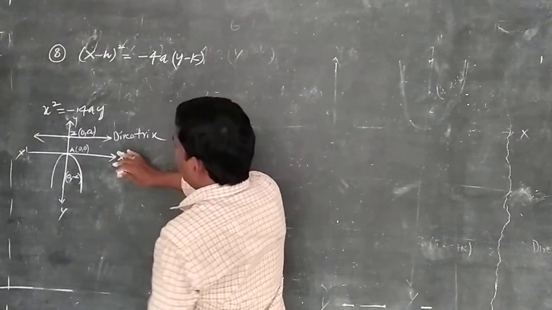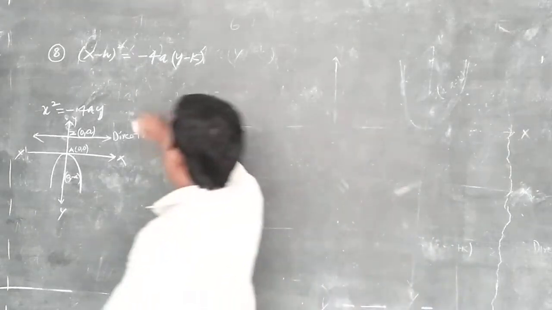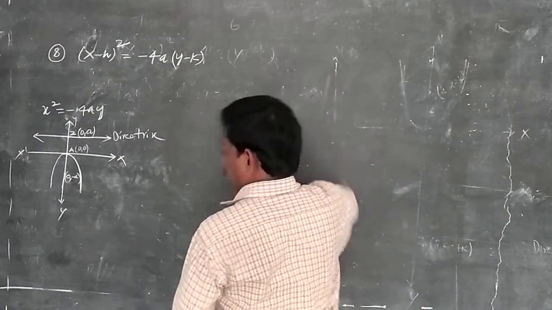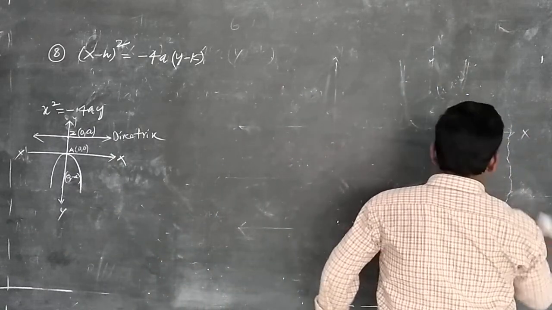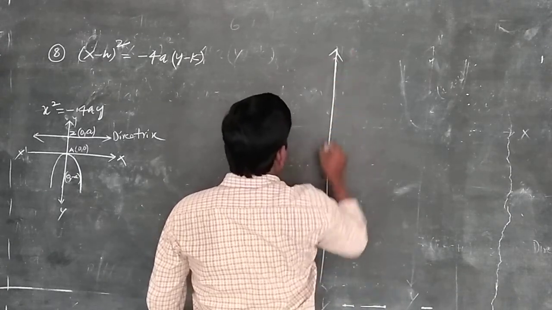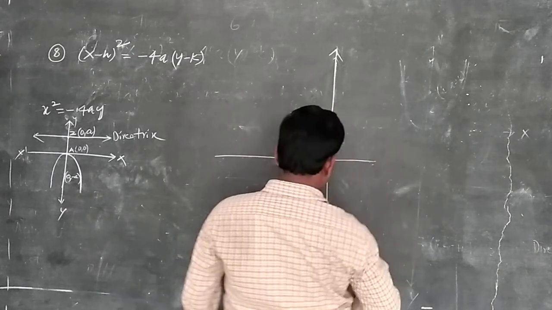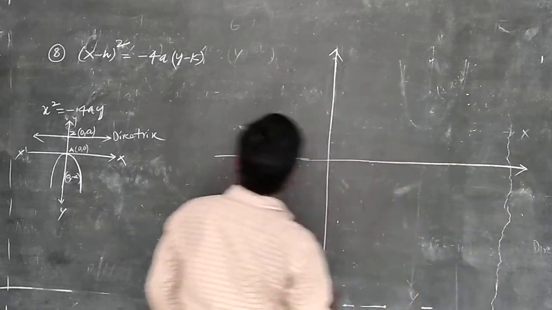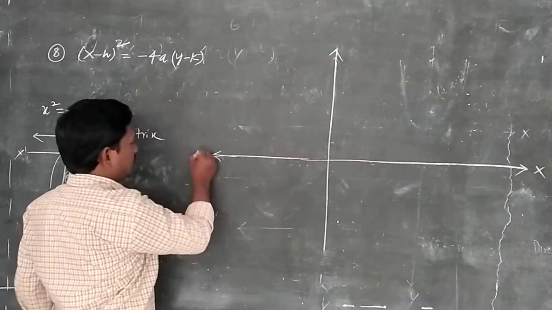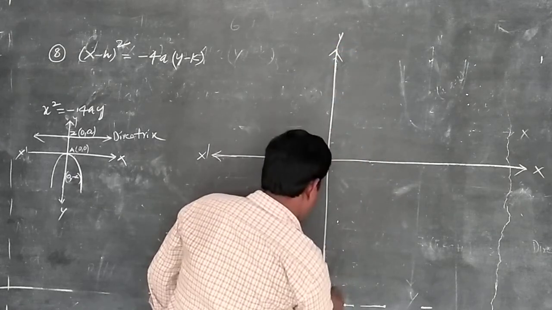Now to compare with x square equal to minus 4ay, we have to draw the shape of (x minus h) whole square equal to minus 4a(y minus k). Now this is the axis x dash, y dash.